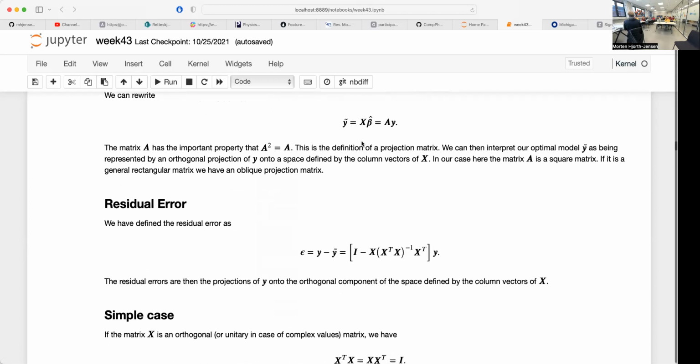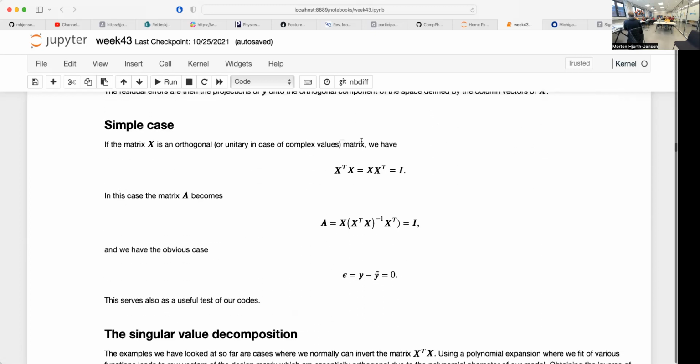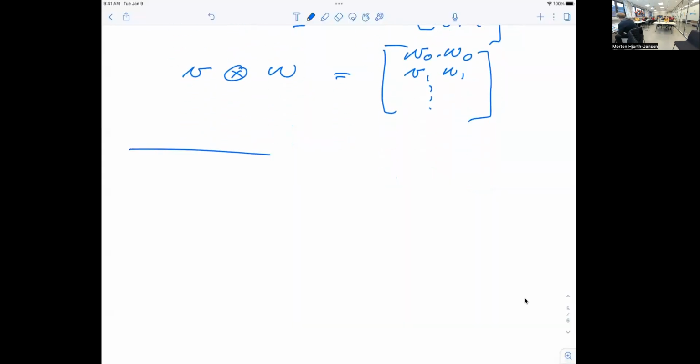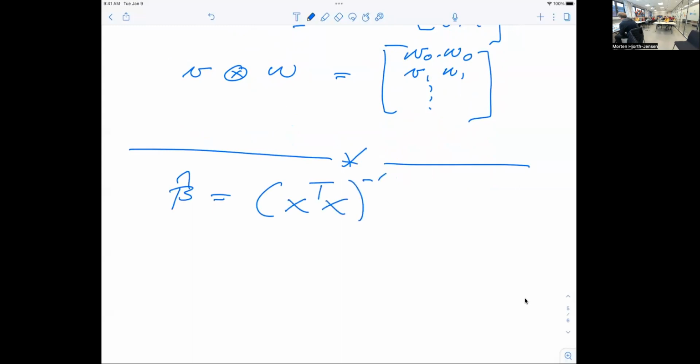Now, before we move on to these kind of calculations, if you now look at the design matrix, so let me just bring up the whiteboard again. And just ask you a simple question, because this is a cheap trick which you can actually do. So let's bring up the expression for the optimal parameters, beta, which are given by the inverse of X transpose X times X transpose y.